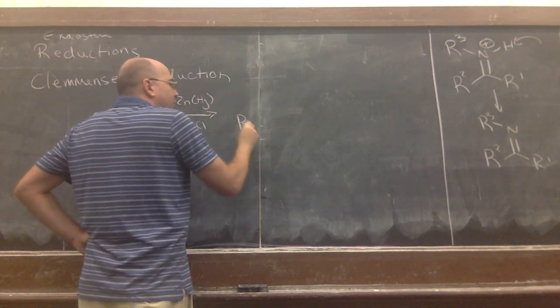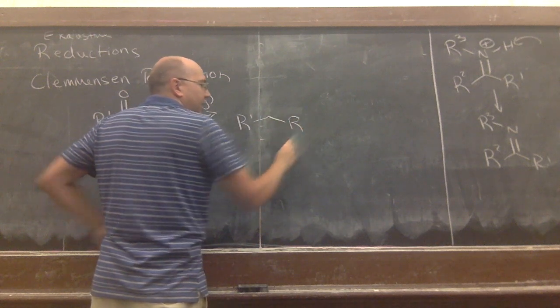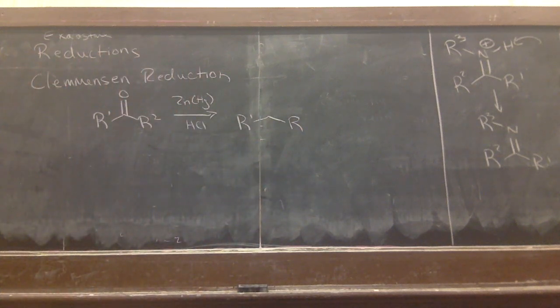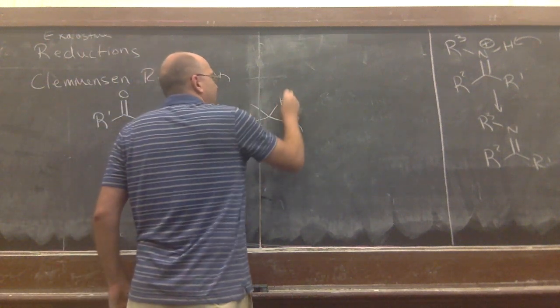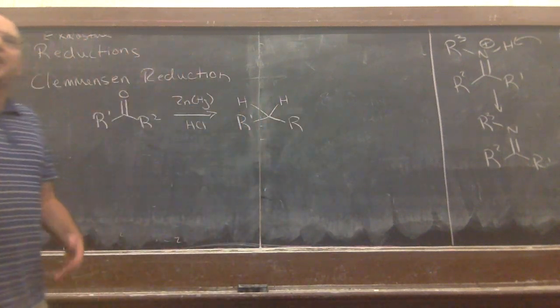This is usually one that I don't spend too much time on, because from a mechanistic standpoint we can rationalize the second one that I'll show you. But this is a classic textbook reduction that is taught in virtually any organic chemistry textbook.